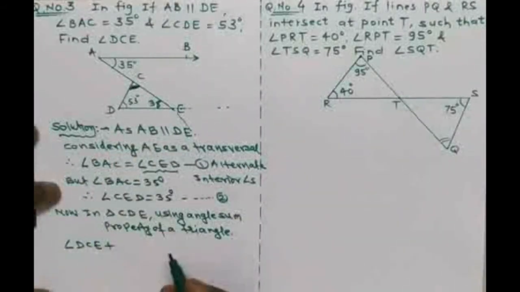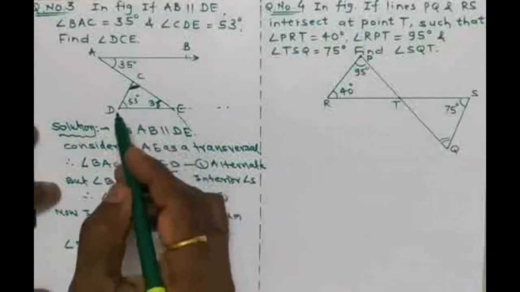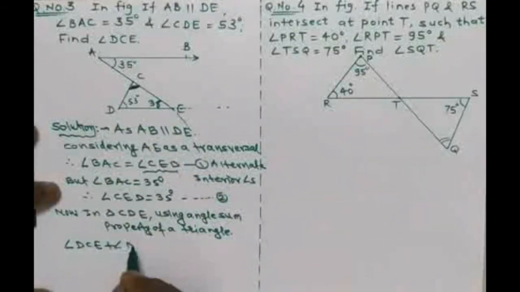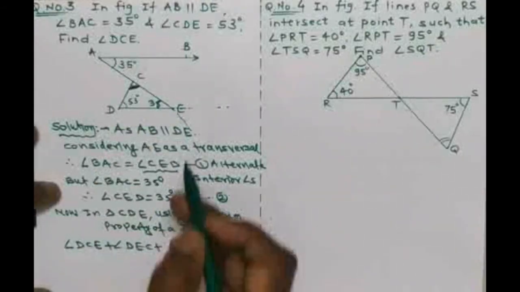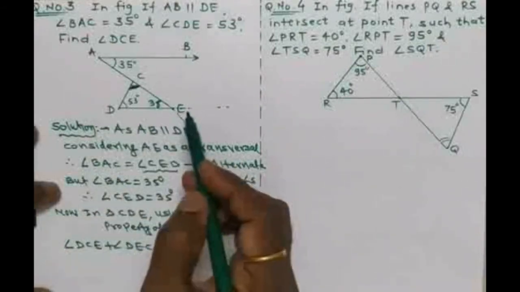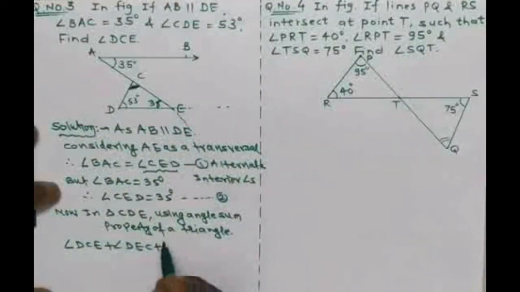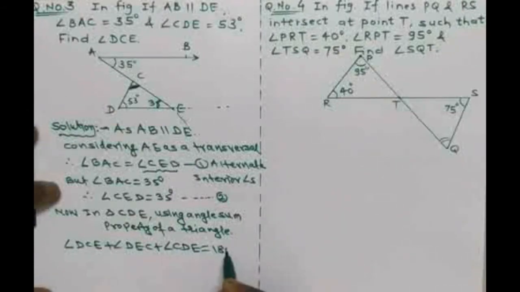Angle DEC plus angle CDE plus angle DCE sum will be 180 degree.